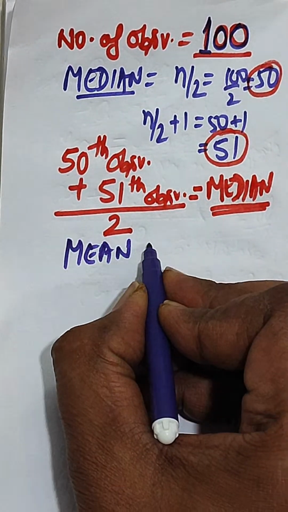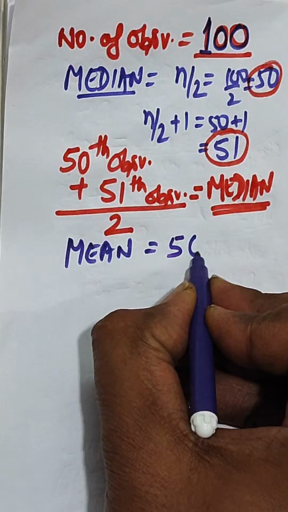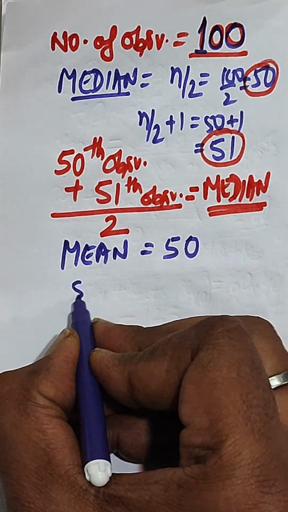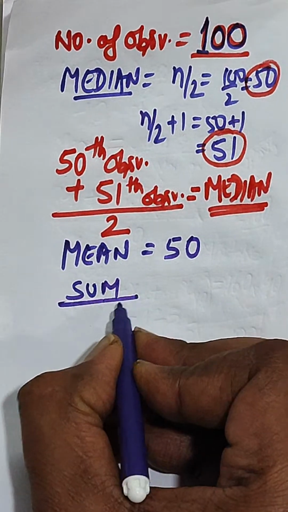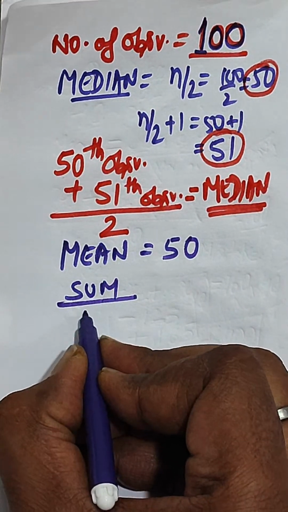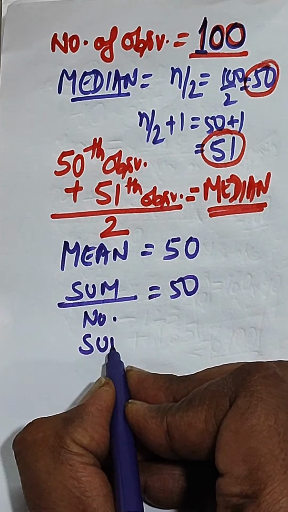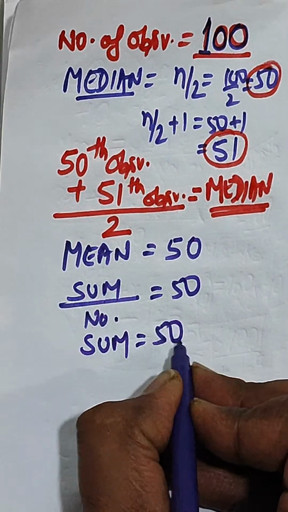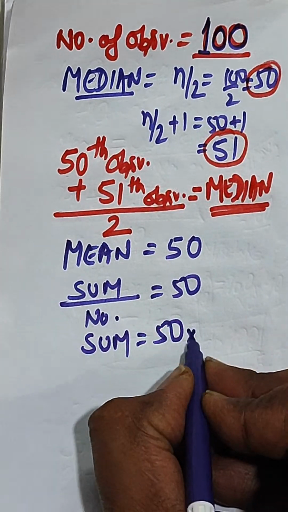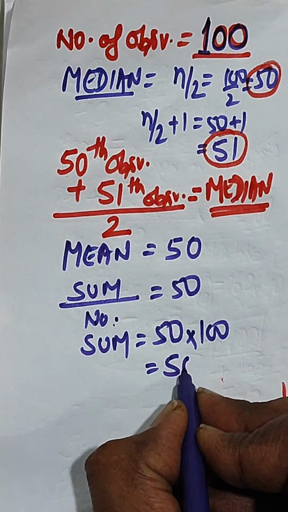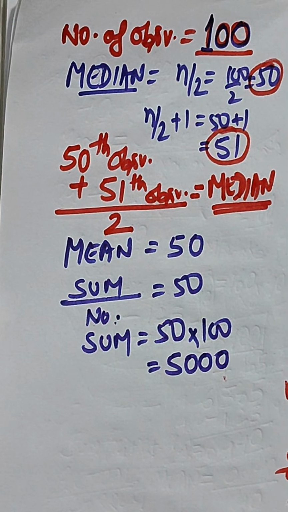The mean was 50 initially, for 50 observations. So the sum of observations divided by the number of observations was 50, so we calculated the sum as 50 into the number of observations, which was 100. So this was 5000.